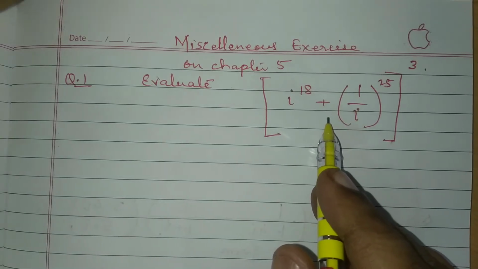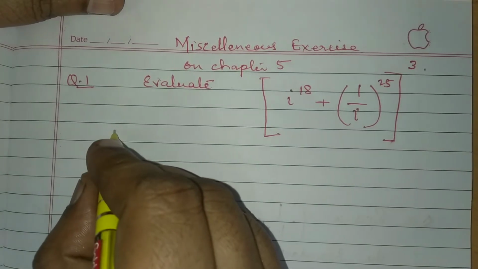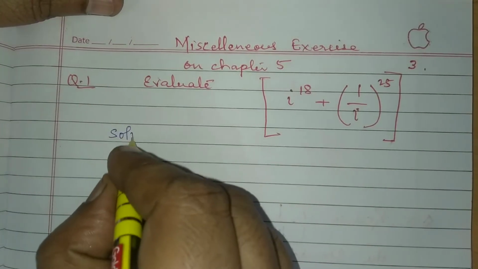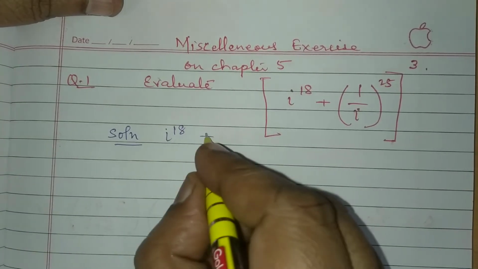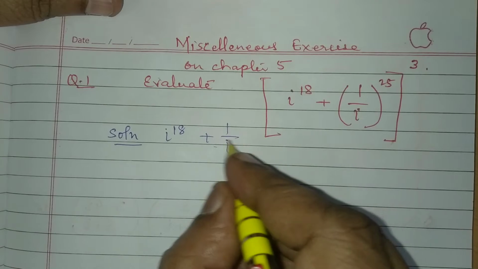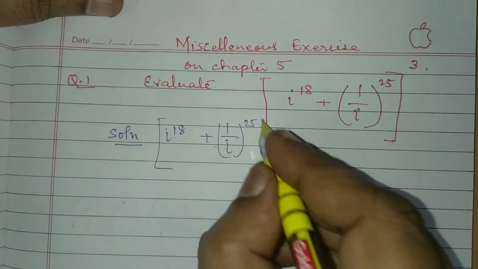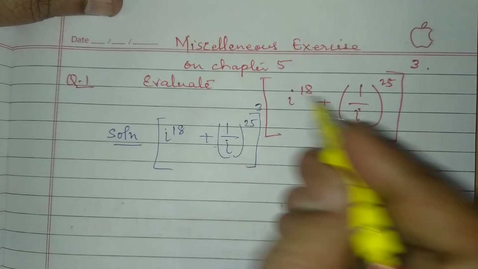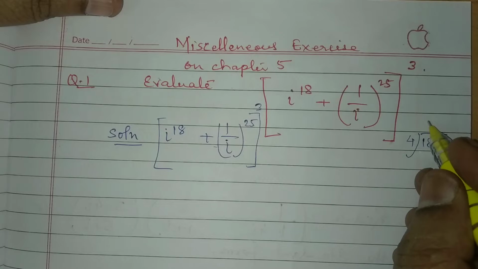We have to find the value of this. As you know, the solution: (i to the power 18 plus 1 by i to the power 25) whole to the power 3 is given. So 18, you will divide by 4. 4 fours are 16.